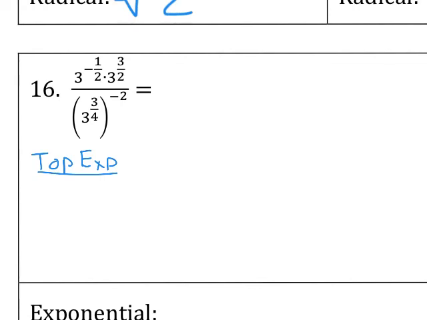I'm going to kind of organize stuff. So top exponent is going to be -1/2 plus 3/2. So -1/2 plus 3/2 is going to end up being just 2/2, which is just 1, right? So on top of my fraction, it all simplified down to 3 to the 1st power, or just 3.